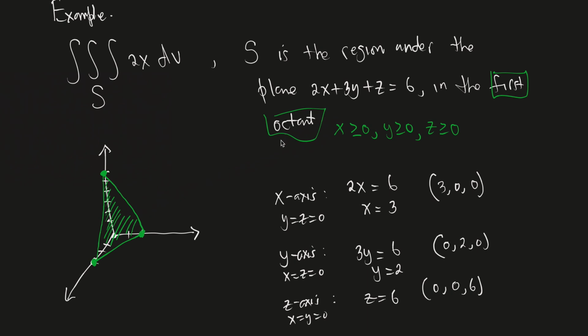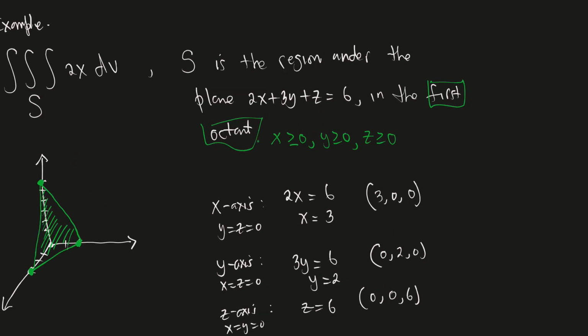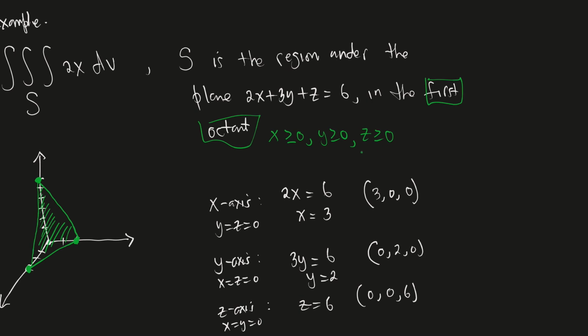So let's start by figuring out the z limits. Well, we have one right here. We know that z is always greater than or equal to 0.